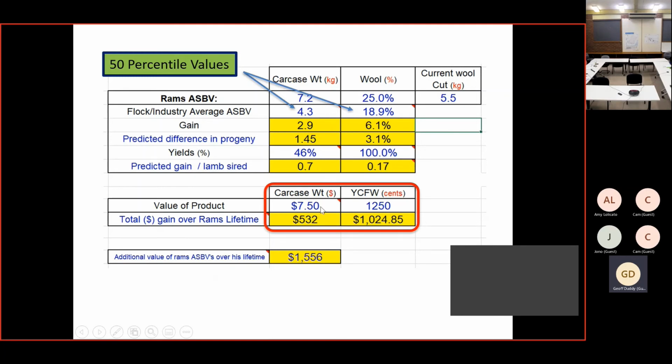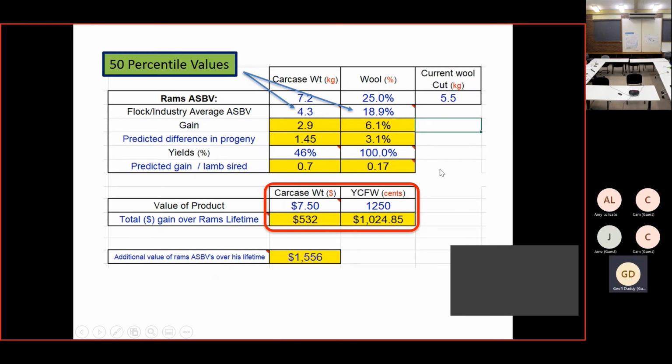I'm saying $7.50 for a merino style operation, $12.50 clean. It then tells you over that ram's lifetime, he's going to return you $532 more in sheep meat and $1,000 more in fleece. So he's worth an extra $1,556 over the value of these average rams.